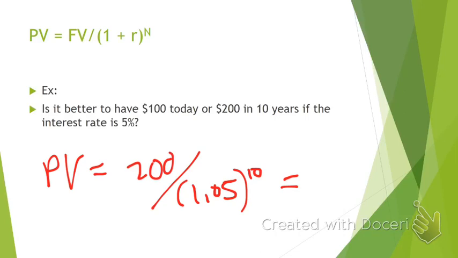How much? 325? No, it's going to be less than 200. What, Ian? What'd you get? 123? It's worth 123 today. All right? So is it better to have $100 today or $200 in 10 years? $200 in 10 years. It's worth more. Everybody get it?